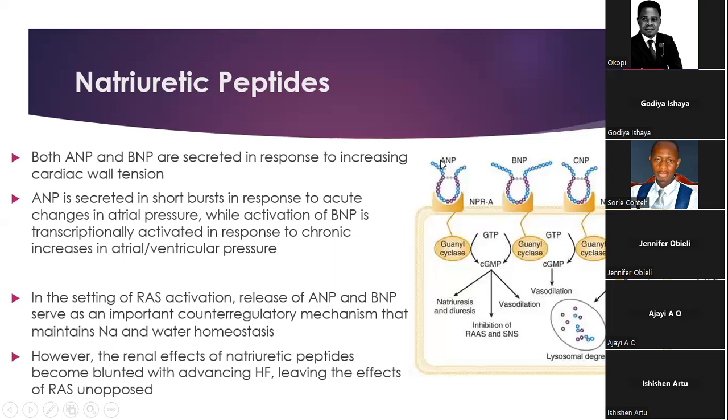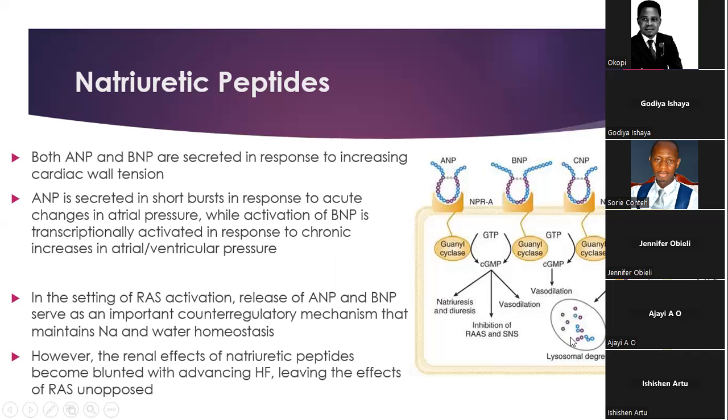All of these, A-type, B-type, and C-type natriuretic peptide, are taken into the cell through natriuretic peptide receptor C. And when they are internalized, they are degraded. Insulin degrading enzyme within the lysosome is what degrades them intracellularly. That's how they are degraded intracellularly.